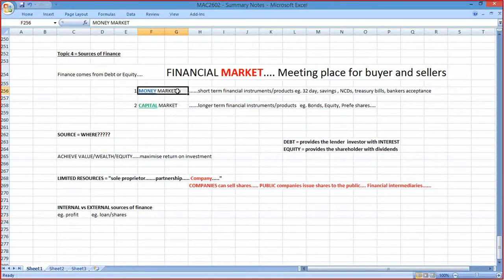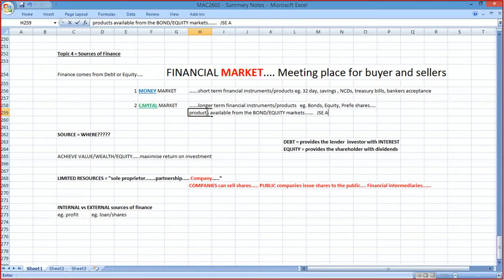Even with the money market, you could go long-term or short-term in terms of different types of assets. Capital also has long-term and short-term. So, products available from the bond and equity markets, and that would be the JSE.